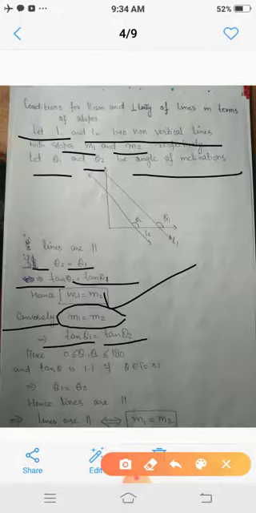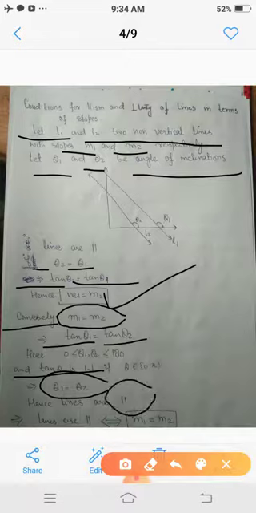So by definition of a one-one function, if tan theta 1 equals tan theta 2, it implies that theta 1 equals theta 2, which means their angles of inclination are the same. When they are the same, these lines are parallel.